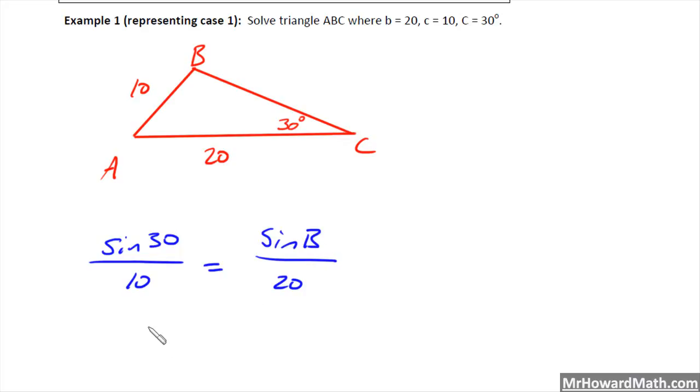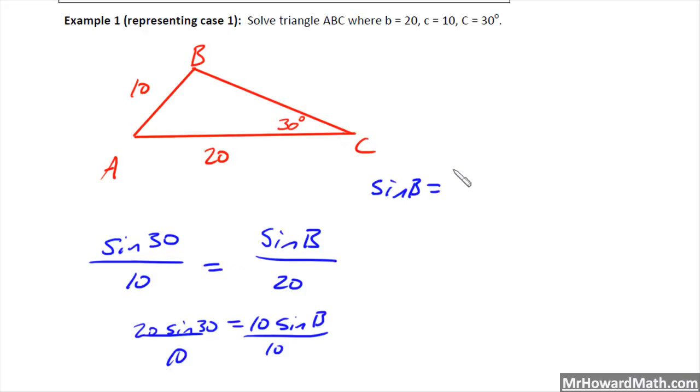So we cross multiply and we get 20 sine 30 equals 10 times sine B. Solve for sine B, divide by 10, and we get sine of B is equal to 20 sine of 30 degrees, all divided by 10.